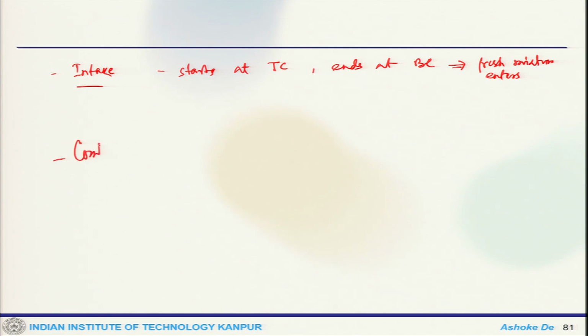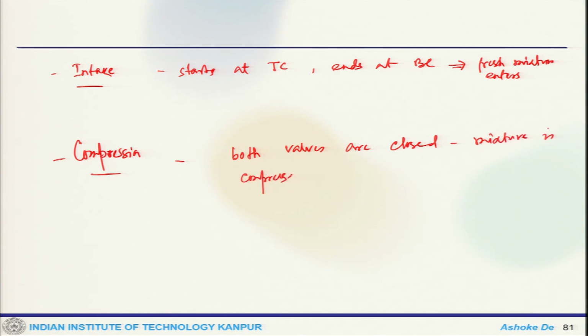Now, similarly, we can see what happens in the compression stroke. Both valves are closed at this state, okay, and the mixture is now compressed. The mixture within the cylinder is compressed through the piston movement.